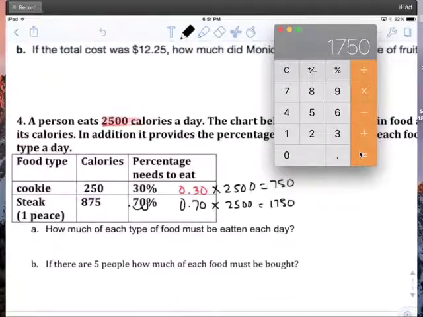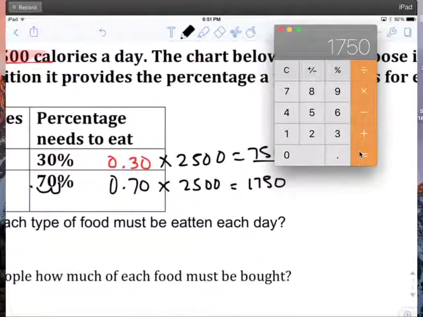Okay, so each cookie is 250. Let's see how many cookies you have to eat. So each cookie is 250. Oh, you need 3 cookies.